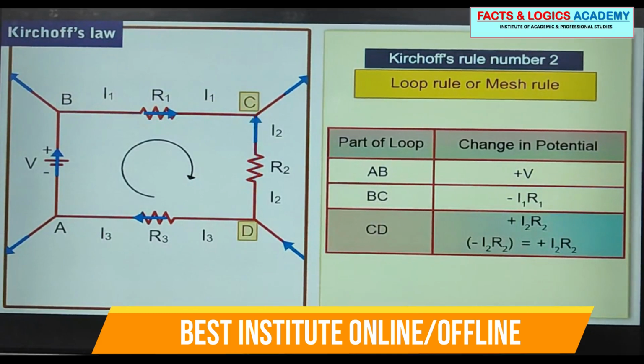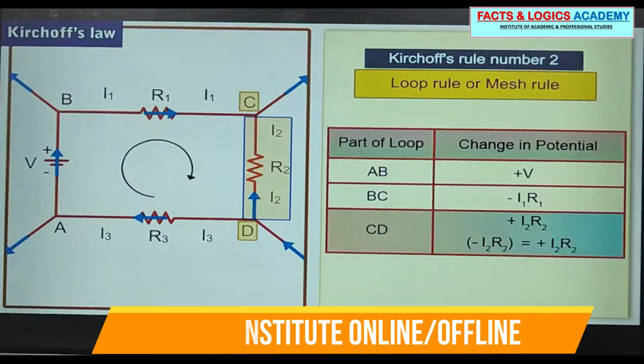CD. Current I2 passes through R2. The direction of I2 is opposite to the direction of walk through. Current always flows from a higher potential to a lower potential. Therefore, the change in potential is minus of minus I2 into R2, which is equal to plus I2 into R2.